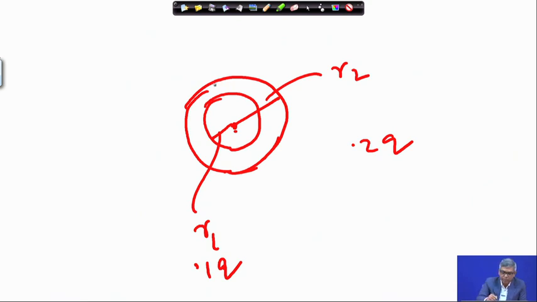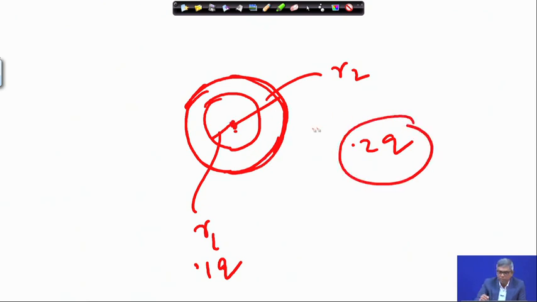Once I am loading with r2 with q, you are getting 0.2 q at the center, and once you are applying r1 with q loading, you are getting 0.1 q. That means, if I only load the area between them at the same depth, what will be the stress?